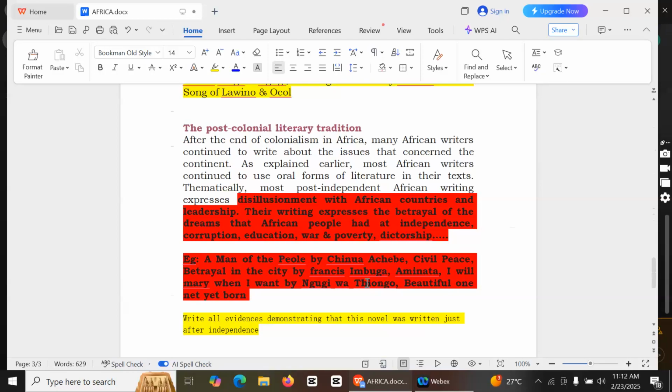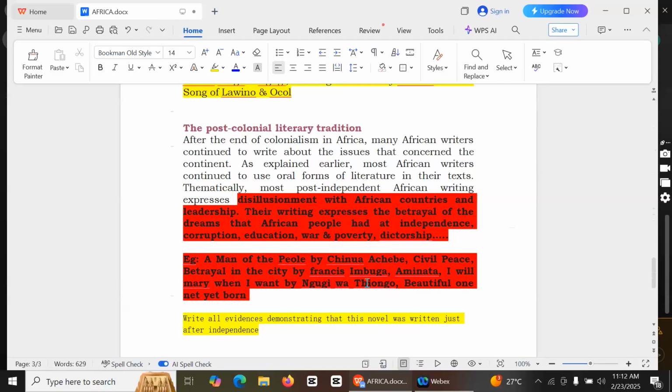Because after independence, it seems that the African continent had more problems than it used to. So then, what are the clear themes they wrote about? They wrote about disillusionment with African countries and leadership.